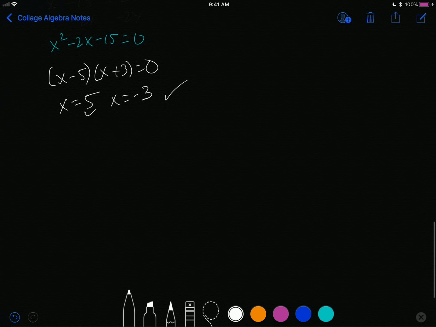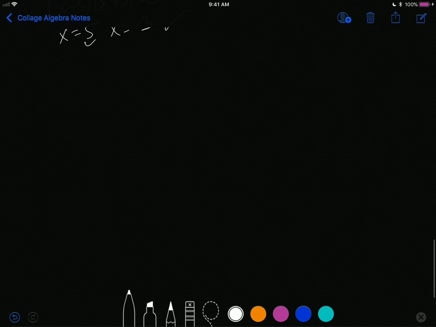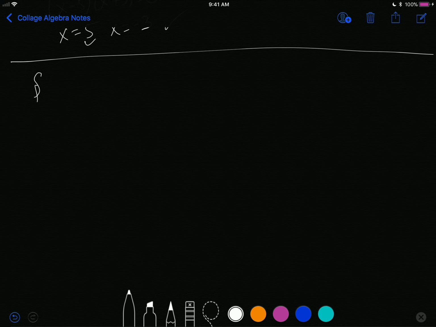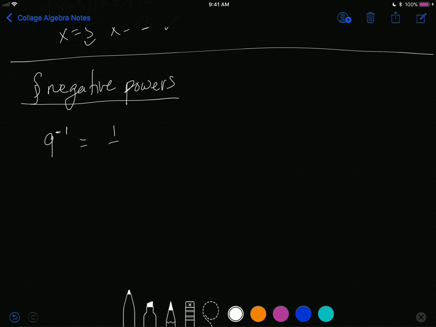Alright, let's make this more interesting. Let's give you more information. Let's look at negative powers. When I have a number raised to a negative power, the negative power means to find the reciprocal.